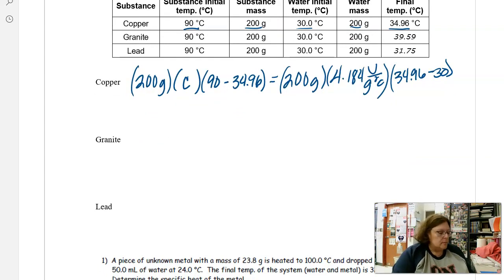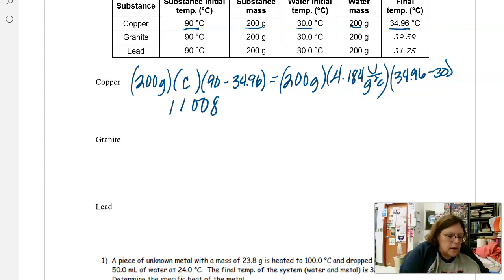Okay, let's do the math. 200 times 90 minus 34.96, I get 11,008, and our units are going to be grams times degrees Celsius, and that will be times the specific heat.